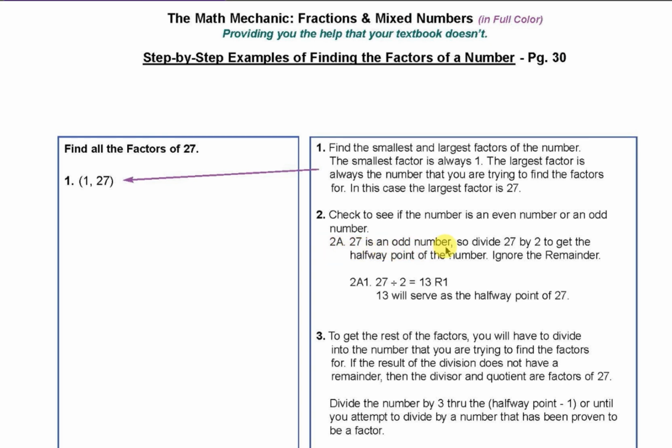27 is an odd number, so divide 27 by 2 to get the halfway point of the number.